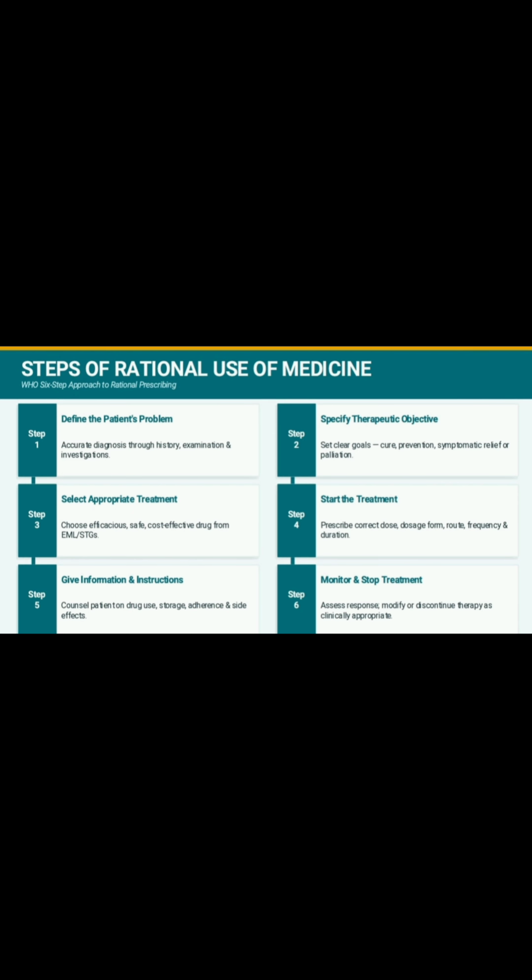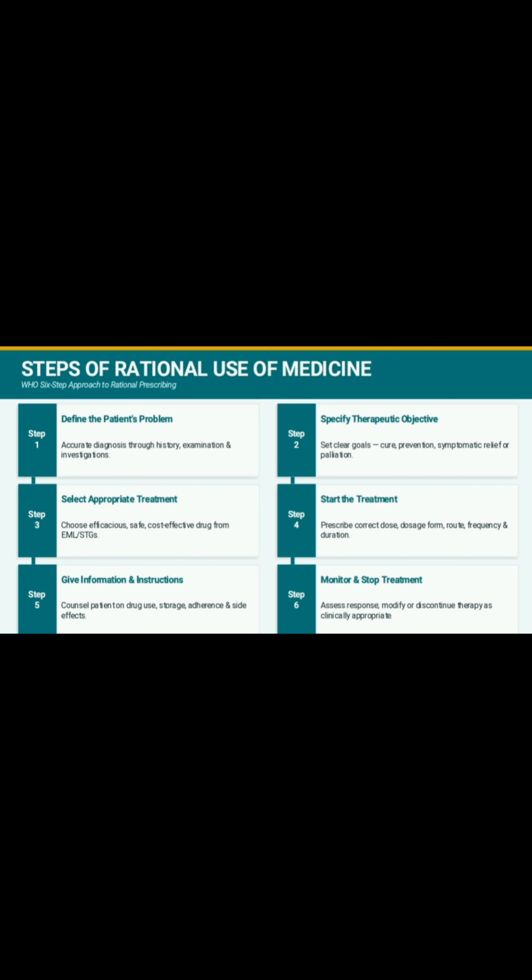Second is to specify the therapeutic objective. You clarify the goal about cure, prevention, or treatment, and what type of treatment the patient needs according to symptoms, history, and examination.